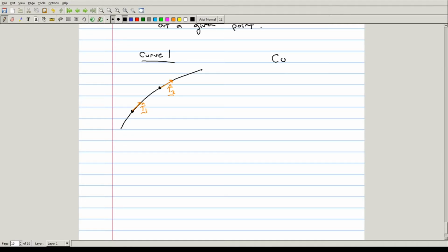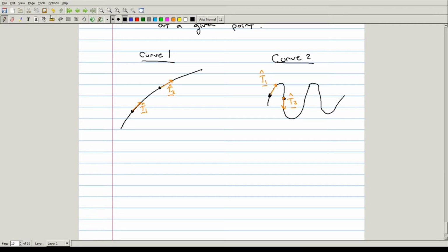And let's take a different curve, maybe like this. We'll take 2 points on this curve. T1 hat, T2 hat.